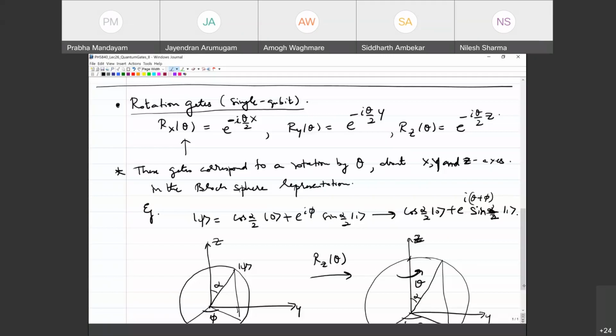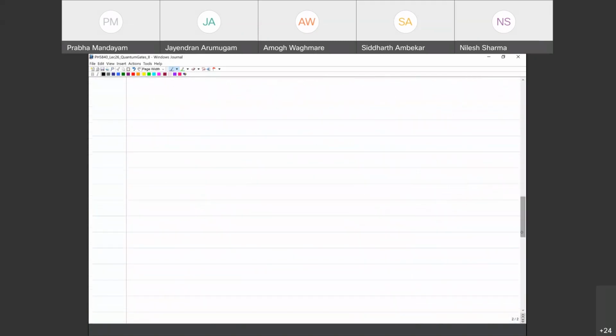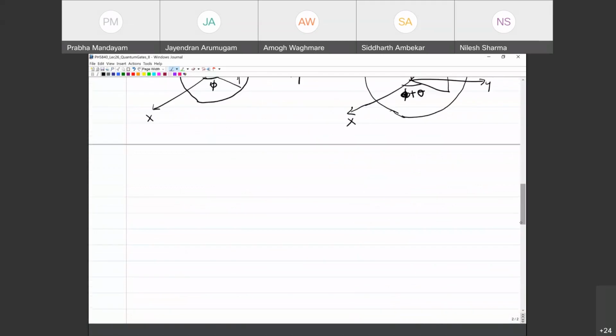Okay, so now the next thing is to show that any single qubit gate can be decomposed in terms of a sequence of rotation gates, right? So there are several ways, like I said, of decomposing gates.